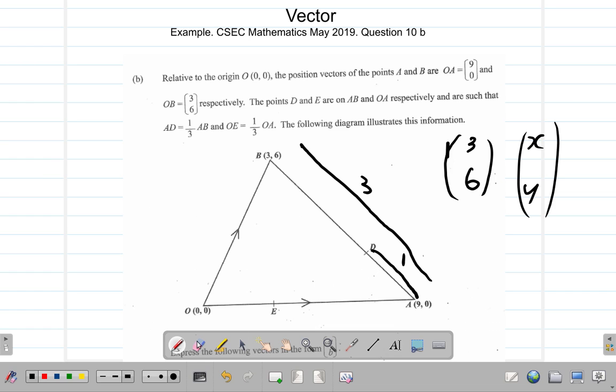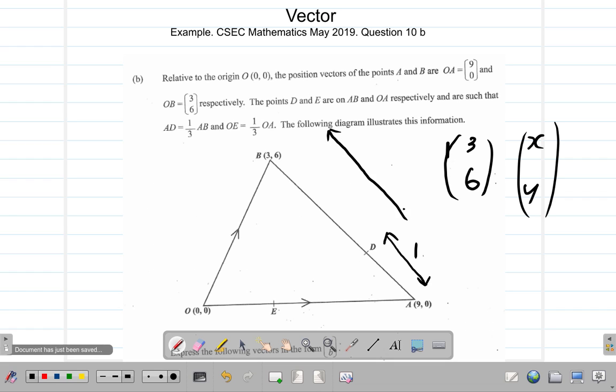See that? This here is only 1. And remember, all of this is 2.